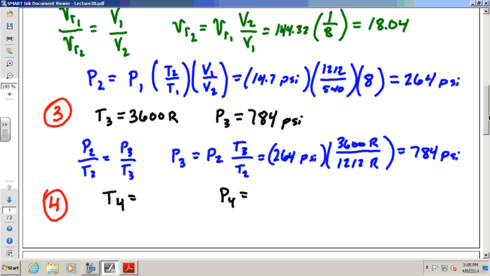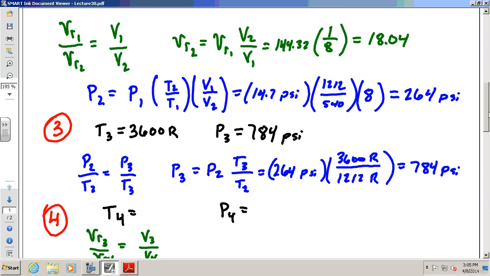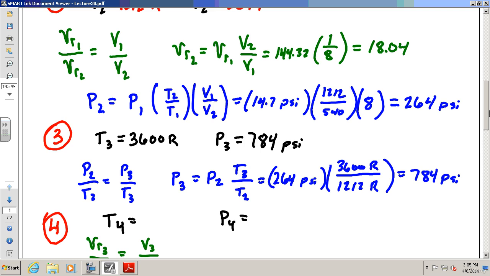I'm going to use that same isentropic relationship here. Okay? So what I can do is say VR3 over VR4 is equal to V3 over V4. Oh, by the way, I do have to go back and get state 3.